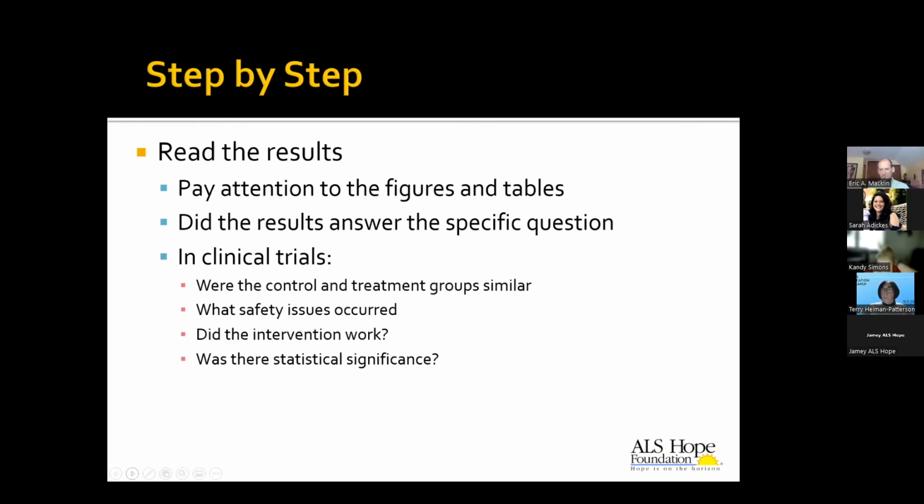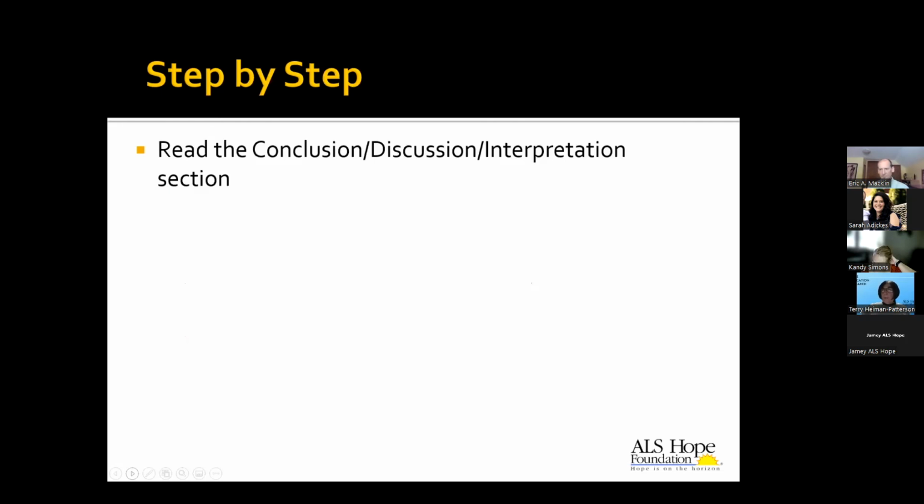Did the intervention work? Was there statistical significance? And now you know what that p-value is. Can you reject the hypothesis that there was no effect? The null hypothesis. And then you finally read the conclusion discussion section.